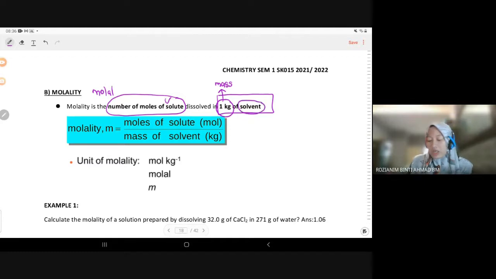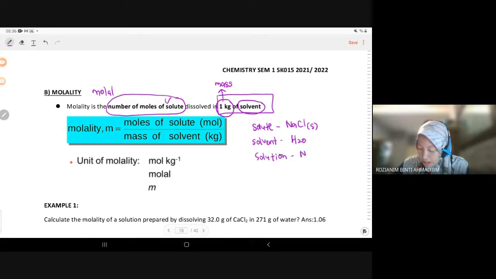So kalau kita cerita tadi nak buat air garam, solute kita NaCl solid, solvent water, solution NaCl solution.